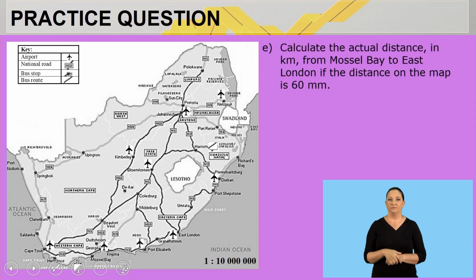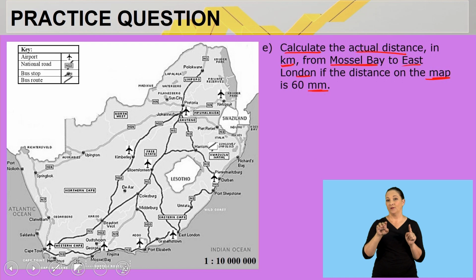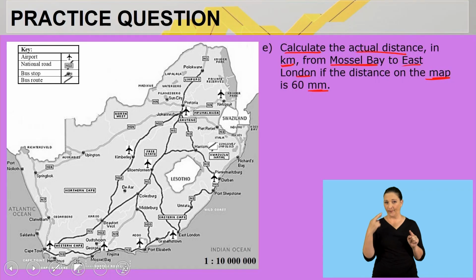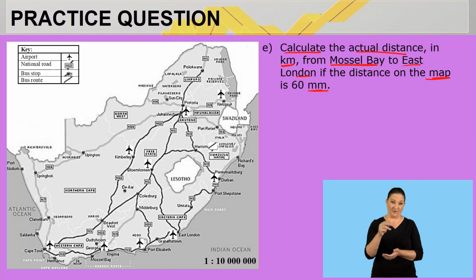Our next question, question E, says calculate the actual distance in kilometers from Mossel Bay to East London, if the distance on the map is 60 millimeters. So here's Mossel Bay, and here is East London.